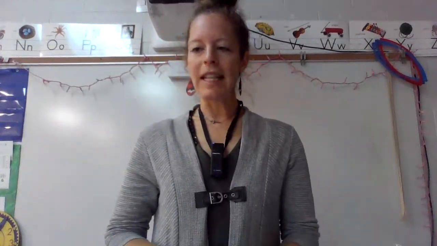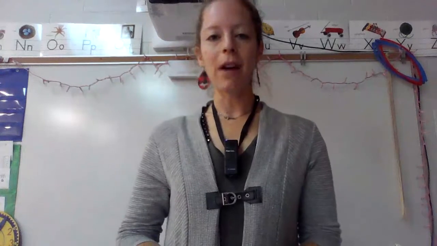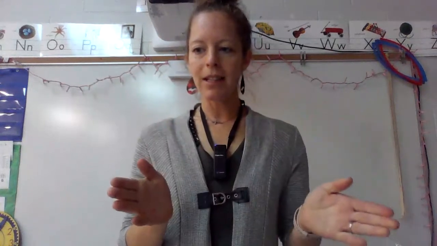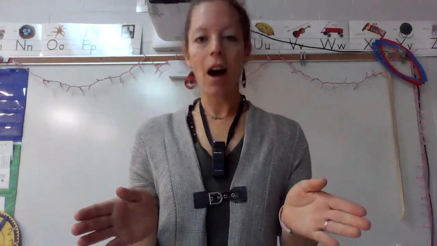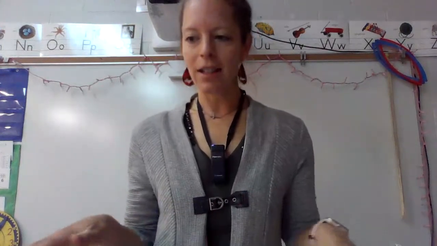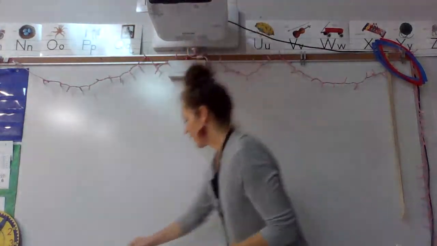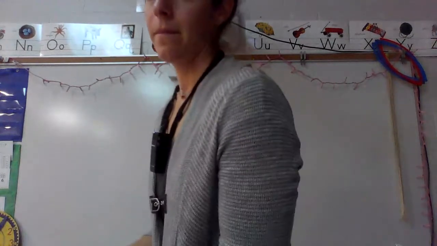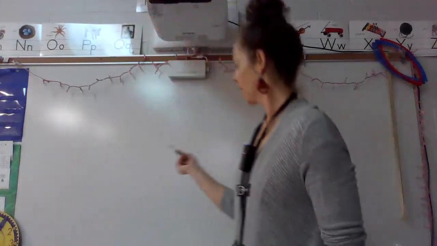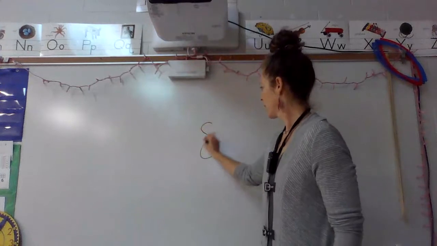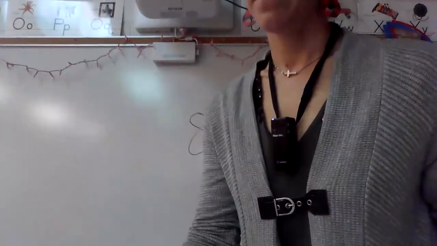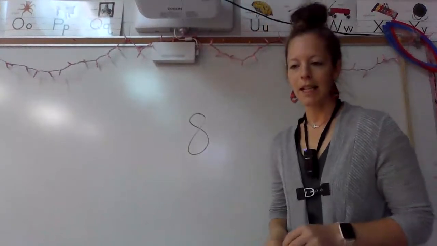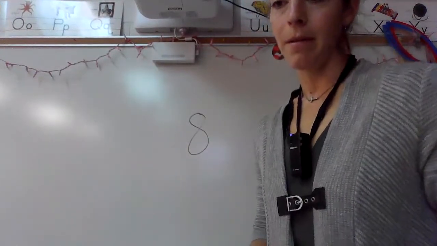So we know that an even number can be divided or split into 2 equal groups, and an odd number cannot. For example, take this number. Is this number an even or odd number?